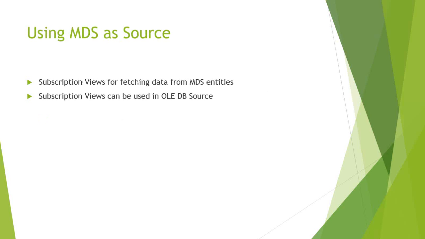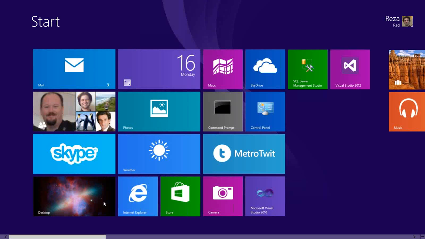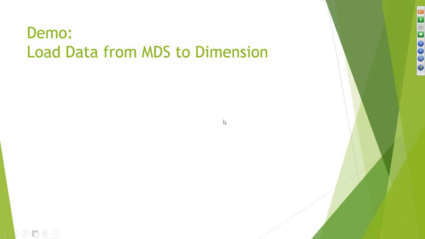MDS provides a way of exporting data to another place, and this happens with subscription views. Subscription views are the way that we export data out of MDS. A subscription view is just as simple as a SQL view that you can use in the OLEDB source. Let me show you how that's going to work.